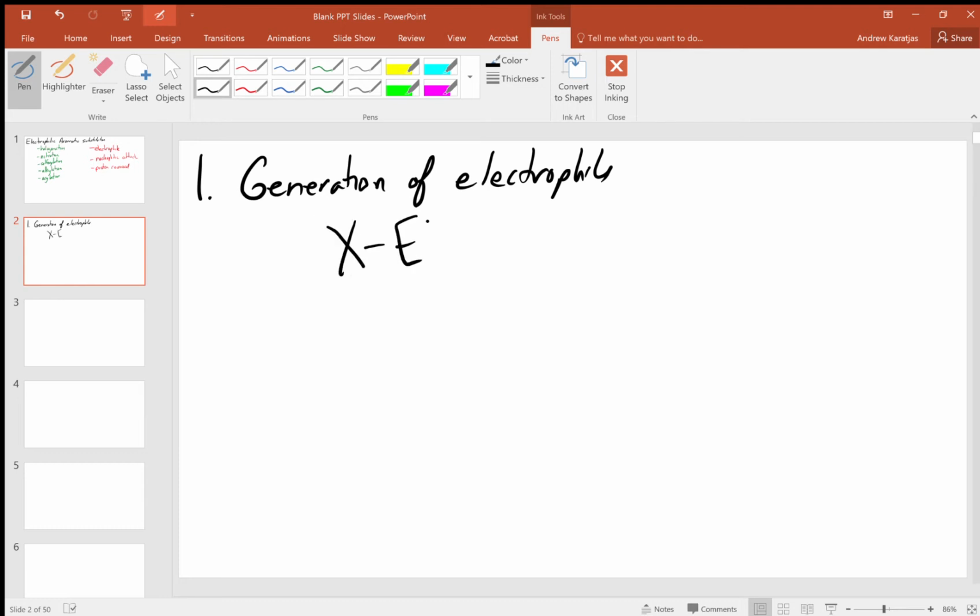But we have some X group bonded to our electrophile, and then we add something which is often an acid, and it will help to break or to weaken that bond, and we get a partially positive or sometimes a fully positively charged electrophile. And that's going to encourage our aromatic ring to be able to react as a nucleophile. So that's step 2, nucleophilic attack.